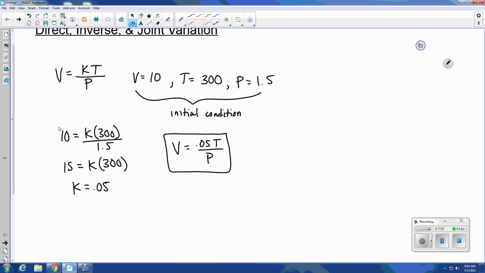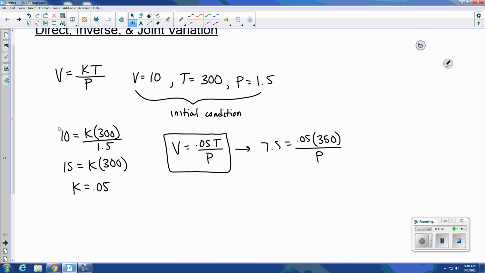Now, once we have that function, it then asks us if the gas is compressed to a volume of 7.5 and heated to 350, what will the new pressure be? So volume is now 7.5, so they compressed it down from 10 to 7.5. We know the constant, and the temperature went from 300 to 350. What is the pressure?